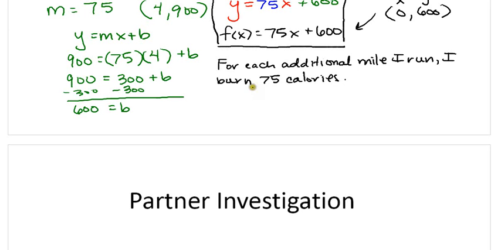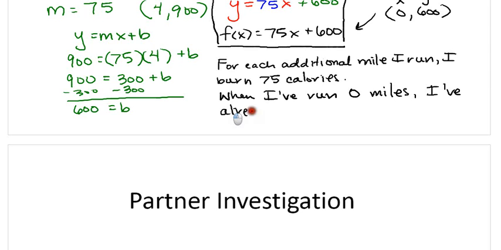So the interpretation of the y-intercept is when I've run 0 miles, or you could say before I started running, I've already burned 600 calories.